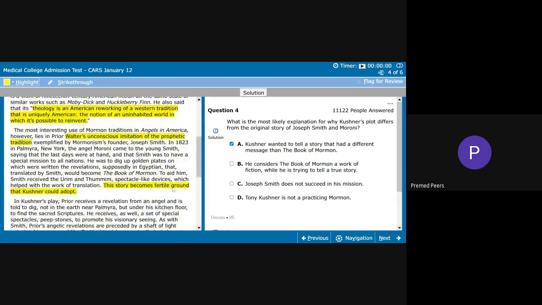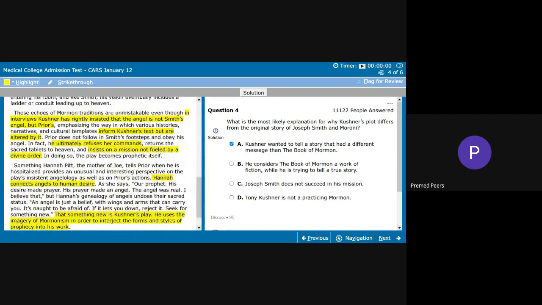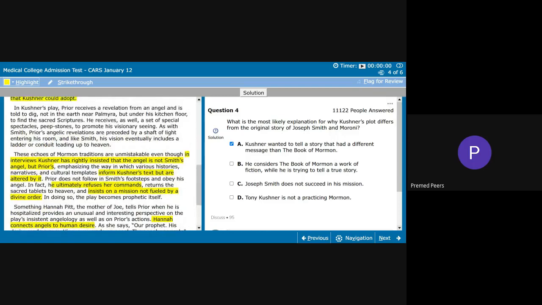And the reason for this is if you go to paragraph 5, I believe 5, yes, you'll notice that the way Kushner talks about his story, it's kind of the opposite of the message that is being given in the actual Book of Mormon. These two paragraphs sort of are contrasting the two.